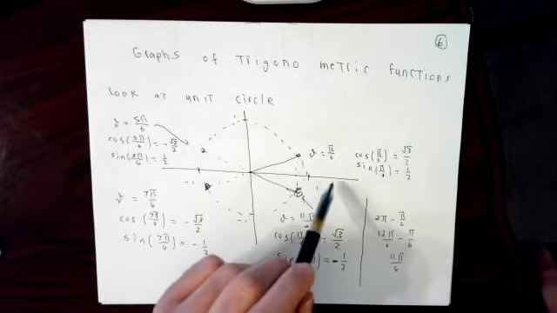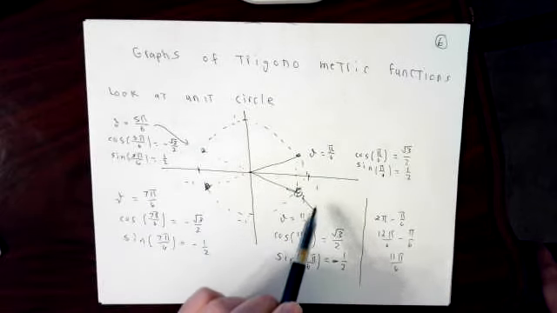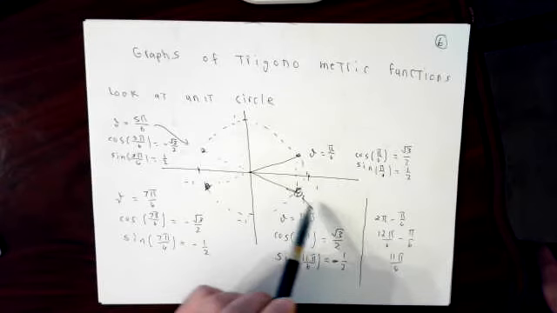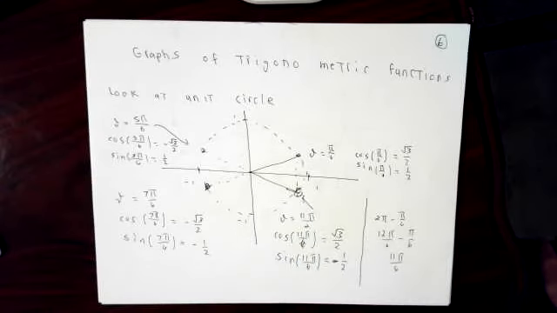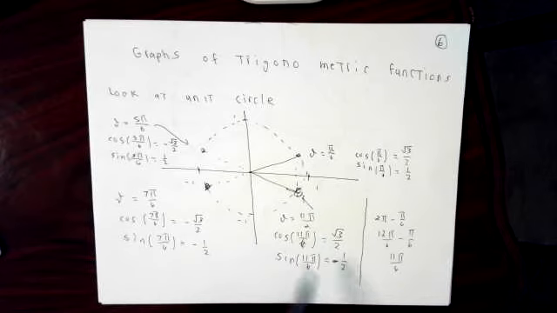In this angle, if I started at the initial side and went all around until I get to this location, I am pi over 6 short of a complete circle, which means this angle is 2 pi minus pi over 6. 12 pi over 6 minus pi over 6 is 11 pi over 6. So when my angle is 11 pi over 6, the cosine is going to be radical 3 over 2, and the sine is going to be negative 1/2.